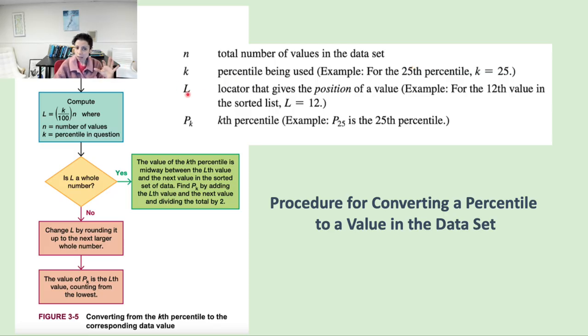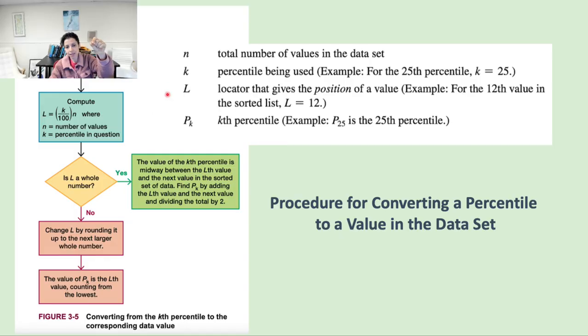The L stands for locator. That gives us the position of the value that we're looking for. Okay? If we have 40 values and we want to look for the 25th percentile, we want to know which position out of 40 represents that 25th percentile.